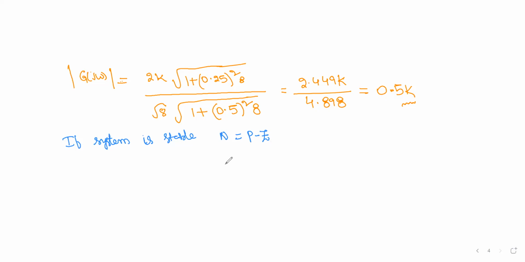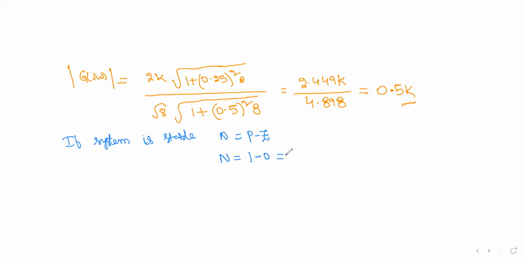So here N equal to what is the P minus Z value? The number of poles on the right hand side is only one pole, and zeros is 0.